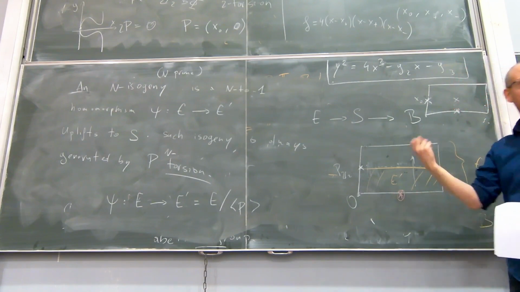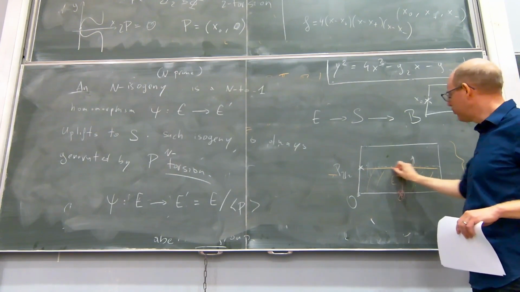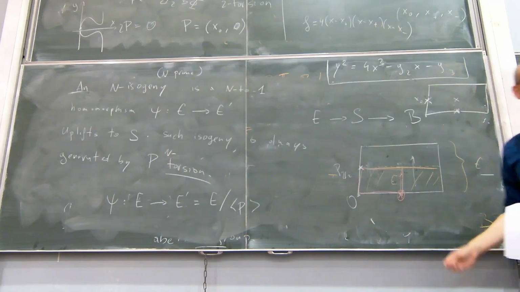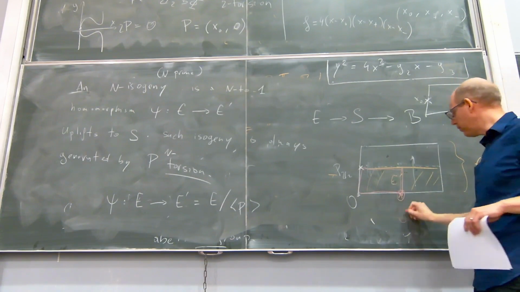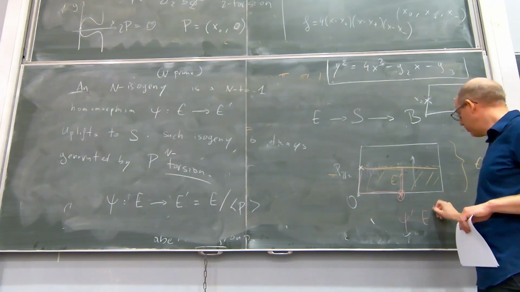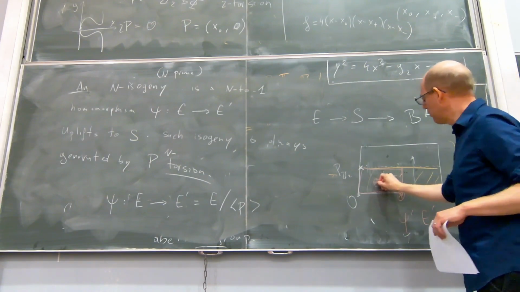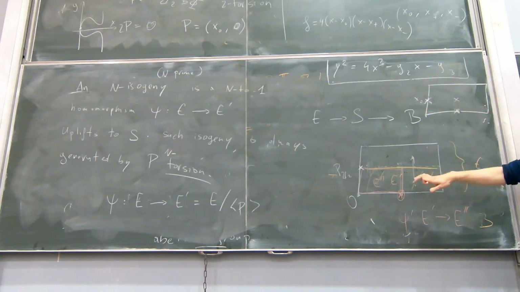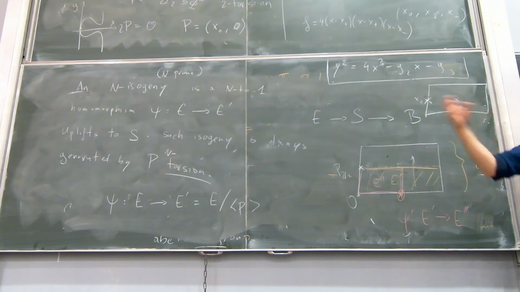Then you could quotient again, doing the same isogeny twice, and you are left with something isomorphic to the curve you started with, so psi prime, E prime to E prime prime, up to a factor of 2. So you could go back to where you started, but you need to compose the so-called dual isogeny with the rescaling by a factor of 2.